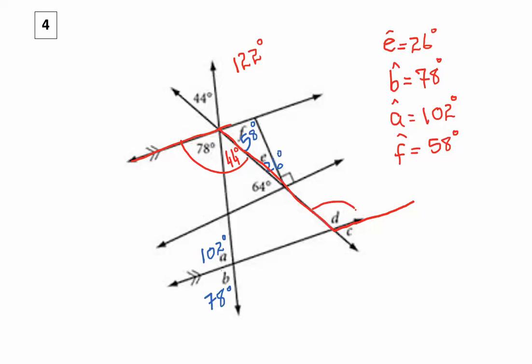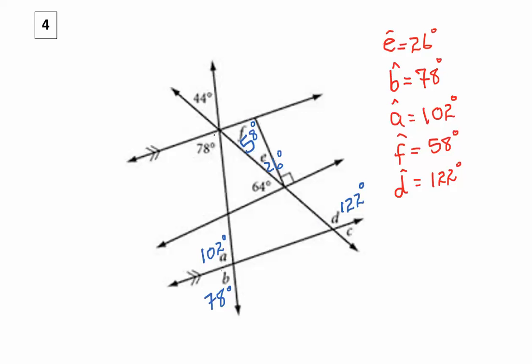Can you see that angle D is alternate to those two angles together, which equal 122 degrees. So if those two angles together are 122 degrees, then angle D also has to be 122 degrees, because that is the rule for alternate angles. Angle D is 122 degrees.